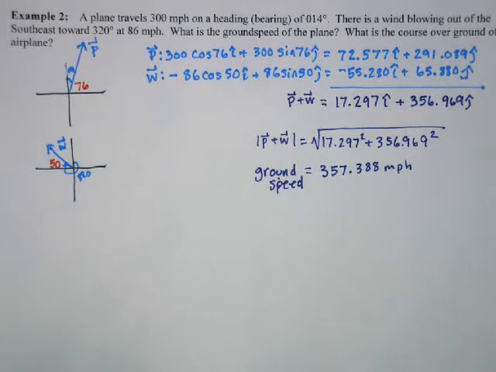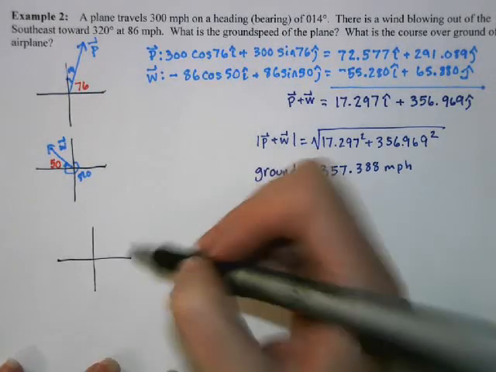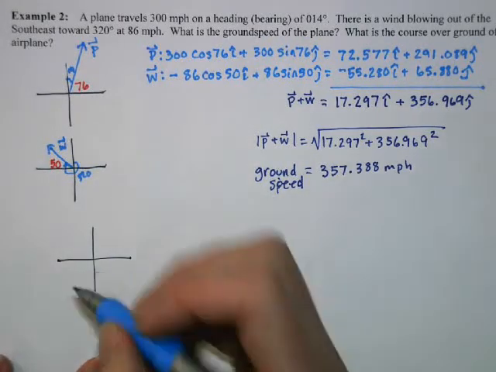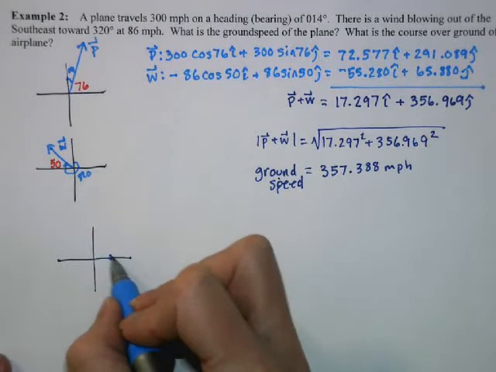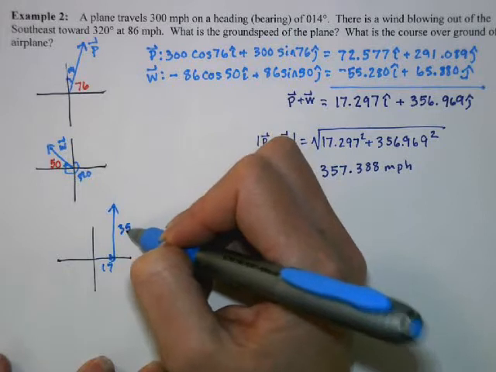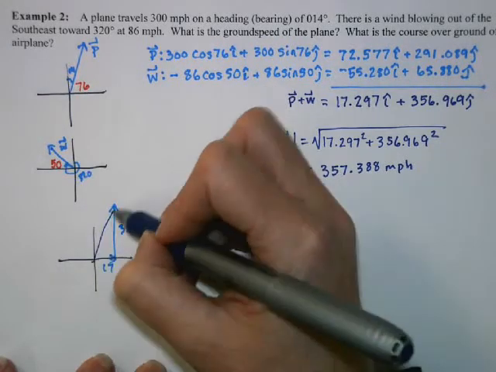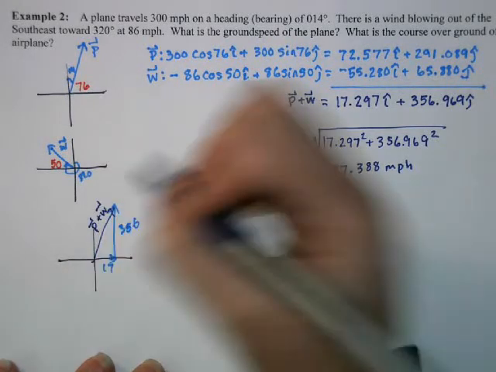Okay, then we want to know, where is this plane actually going? So our components we have are positive 17 point whatever and positive 356. So this is the vector.